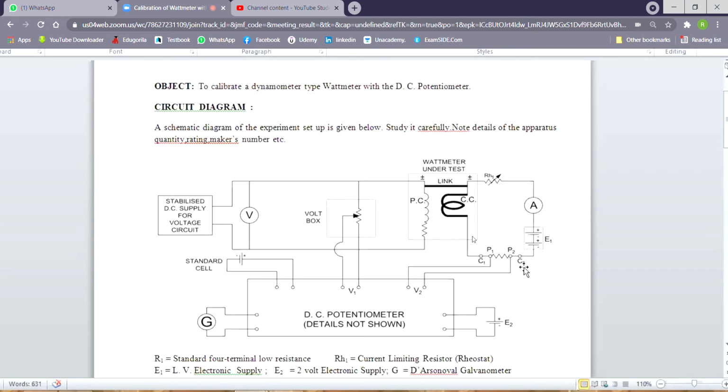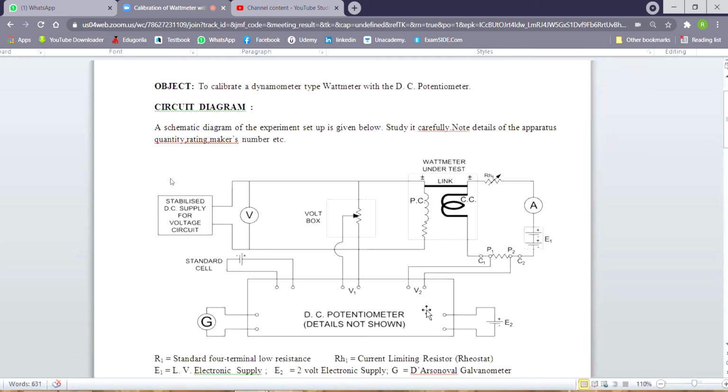How much resistance is there? In our laboratory, it is 0.1 ohm. So when a current is passing through that low resistance, then some voltage will be dropped across this low resistance terminal.